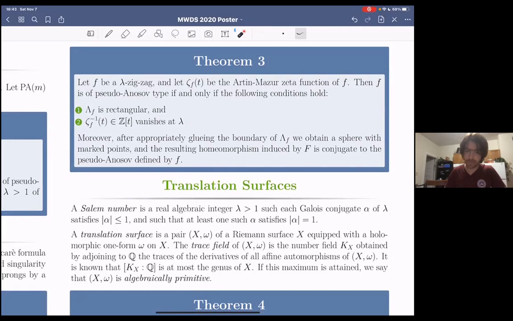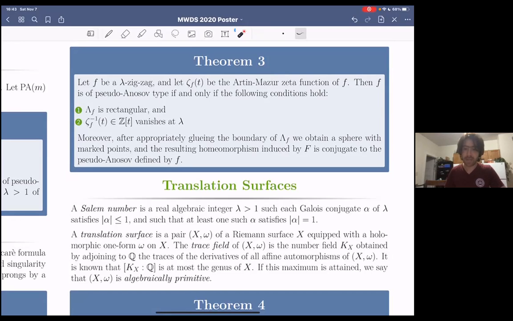We can actually say a little bit more. If you have a zigzag of pseudo-Anosov type, then this rectangular limit set of the Galois lift is essentially giving us a model for the pseudo-Anosov that you would obtain from the zigzag map that you started with.